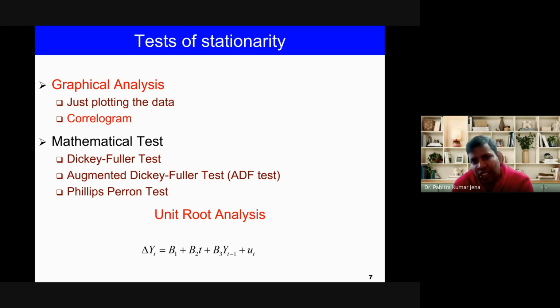By doing the correlation matrix between x1, x2, x3, x4, and ut, you came to know that there is a relation between x3 and u. That means there is a relation between one independent variable and the error term.